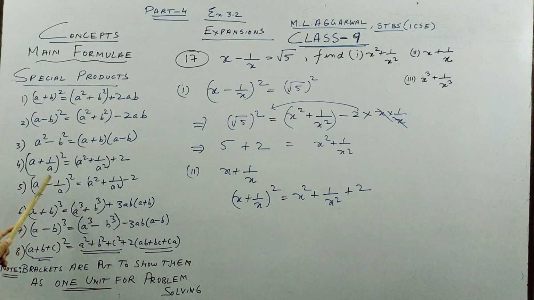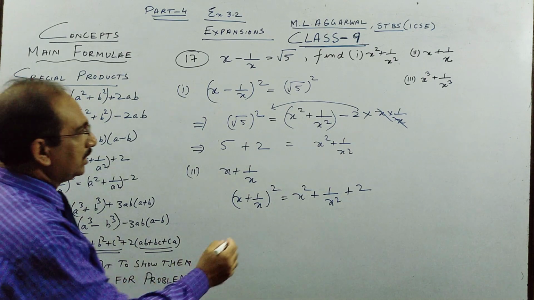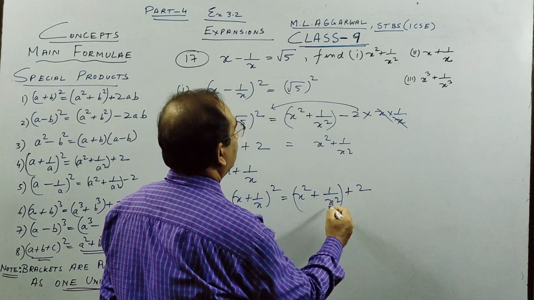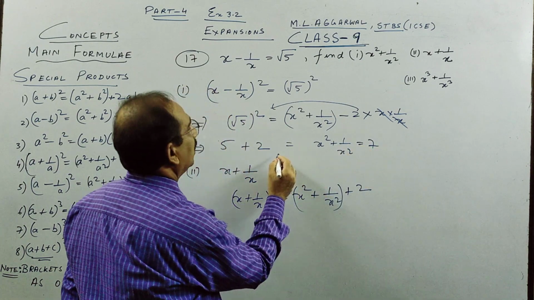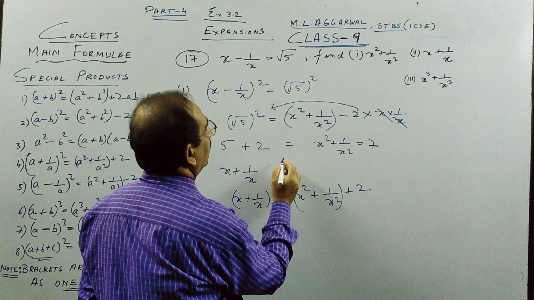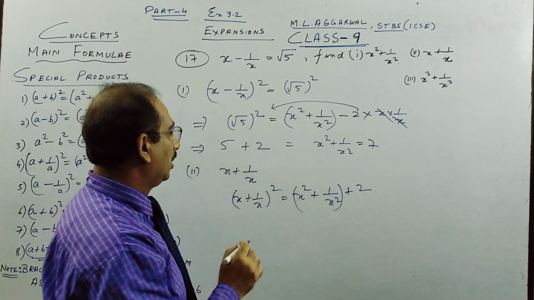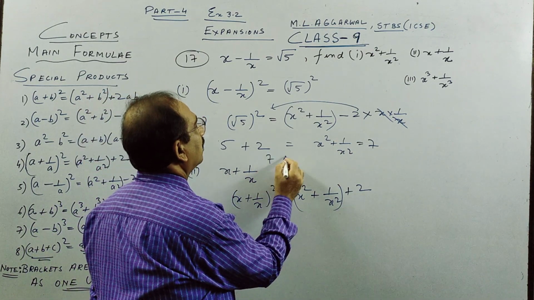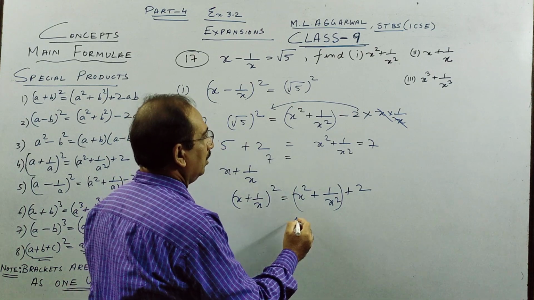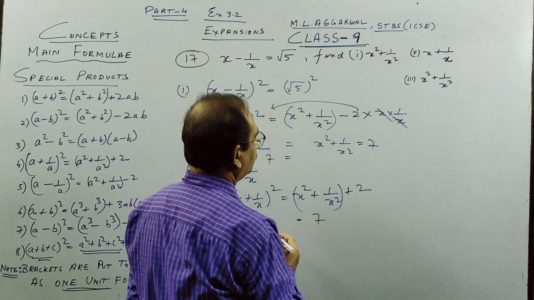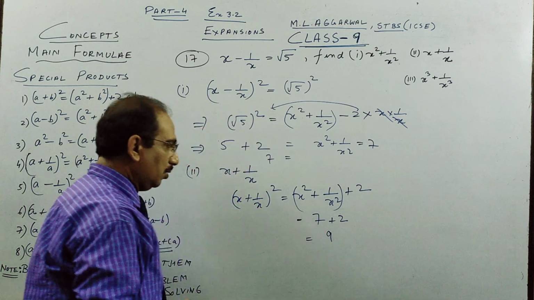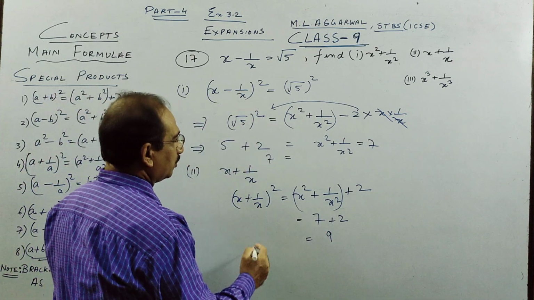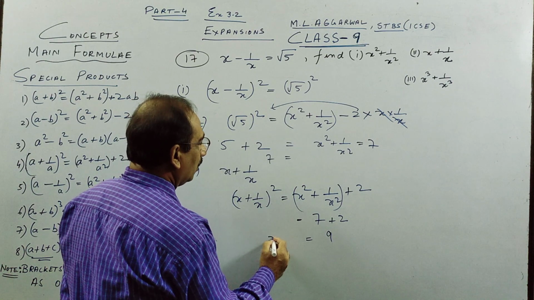If you see this formula number 4, this we have just found out, this is nothing but 7. So this is equal to 7. You can write this side equal to 7. So here we write 7 plus 2, 9. Okay, so this is x plus 1 by x whole square.